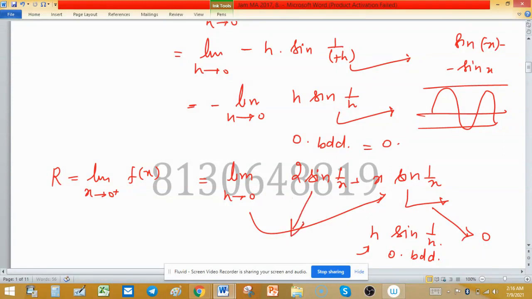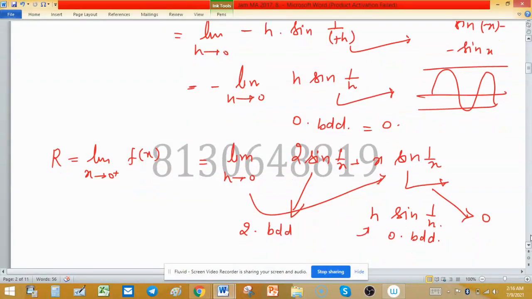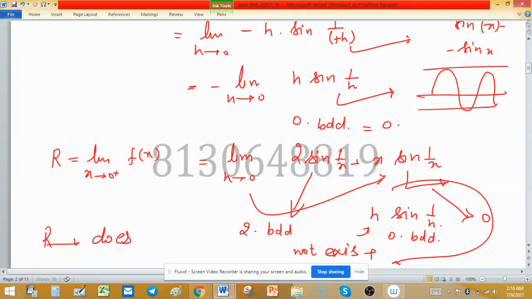But the limit of the other part, 2 into some bounded value, doesn't exist. Sine has no fixed value as we tend to 0 from the right hand side. We have many values, bounded by 1 and minus 1, but no fixed number. So the limit of this part does not exist, though the limit of the other part exists. So finally R doesn't exist.